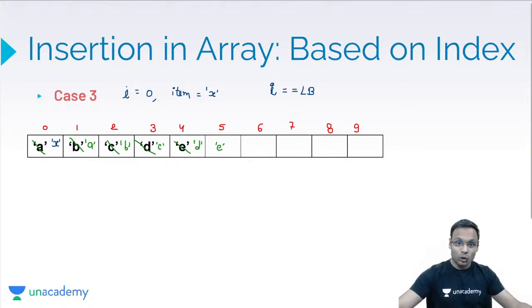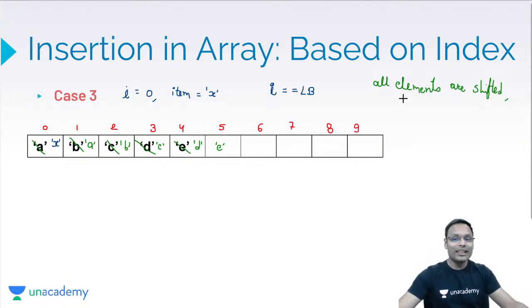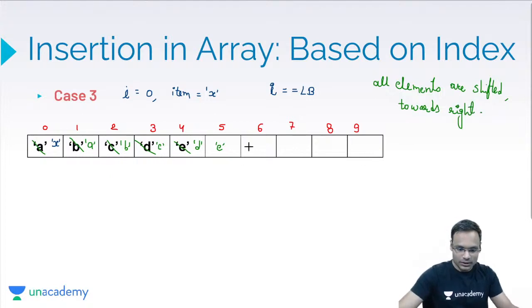I equals lower bound, in that case all elements, सारा का सारा element, are shifted. Which side shifted? All the elements are shifted towards the right. Right? Got it? Understood? Fine.